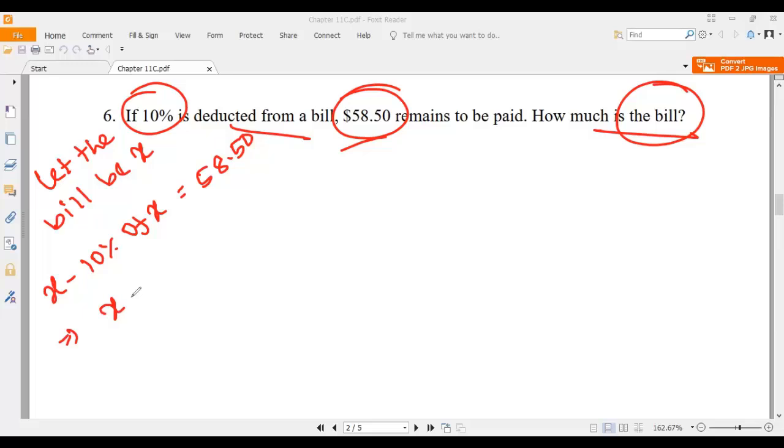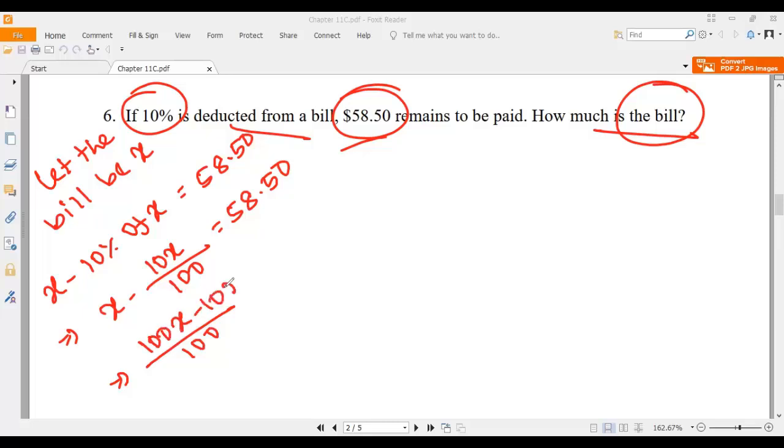So X minus 10X by 100 equal to 58.50. Here 100 will be the LCM. Then 100X minus 10X equal to 58.50. Now we'll get 90X equal to 100 multiplied by 58.50, which is 5850.